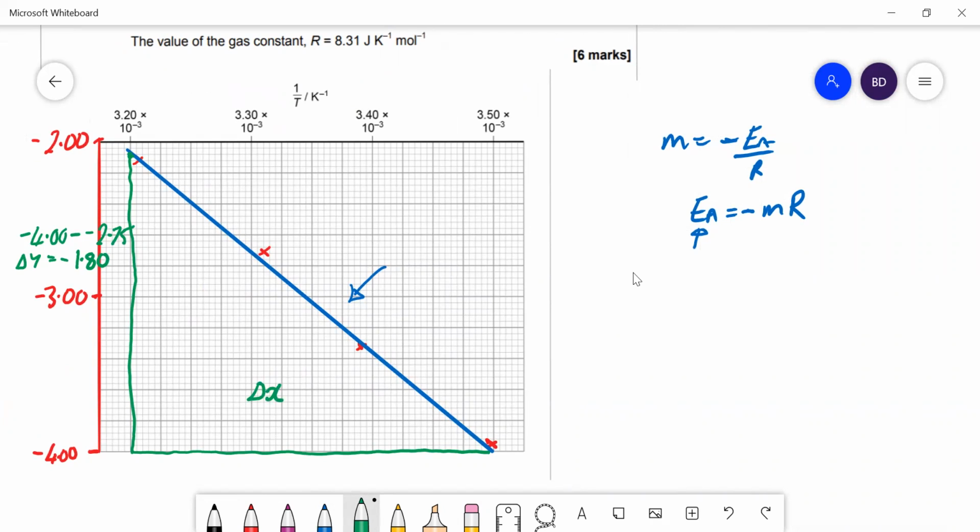Let's do the change in the x-axis here. So here we have got 3.5 times 10 to the minus 3 here, and here's 3.2 times 10 to the minus 3. So that is going to be equal to 0.25, sorry, 2.75 times 10 to the minus 4.